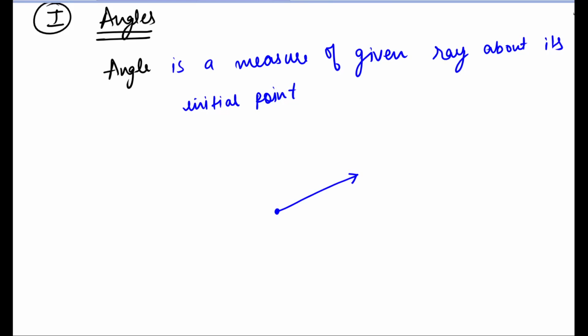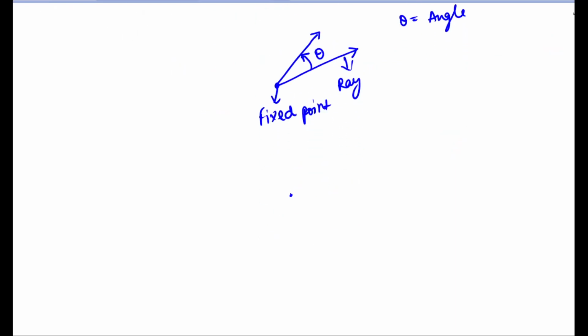So if we rotate in anti-clockwise direction with an angle theta, then theta is the angle. This is called the ray, and this is called the fixed point. We can also rotate clockwise.